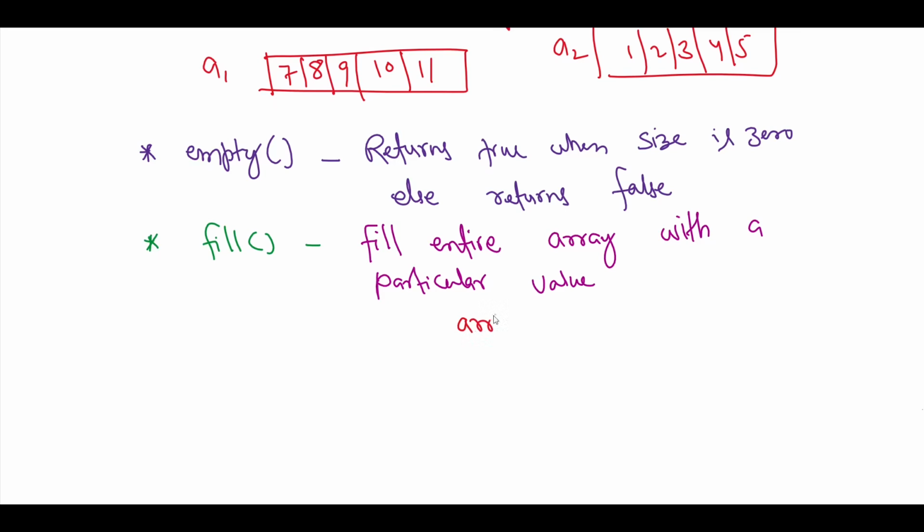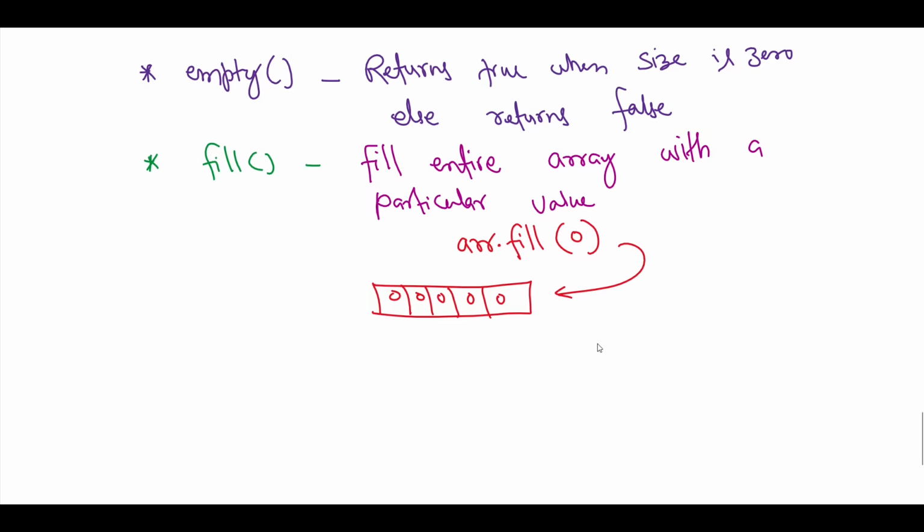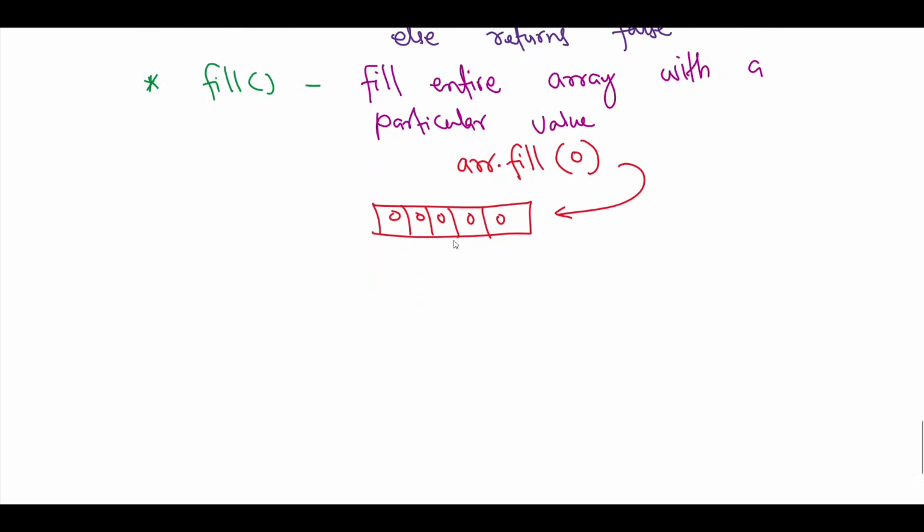If the array name is arr, write arr dot fill and pass some value. So if it is an integer array and has size 5, the array will become like this, right? Because it is filling 0 in this array. If you want to fill some other value, you can pass some other value to this function and it will make those values here. Clear?